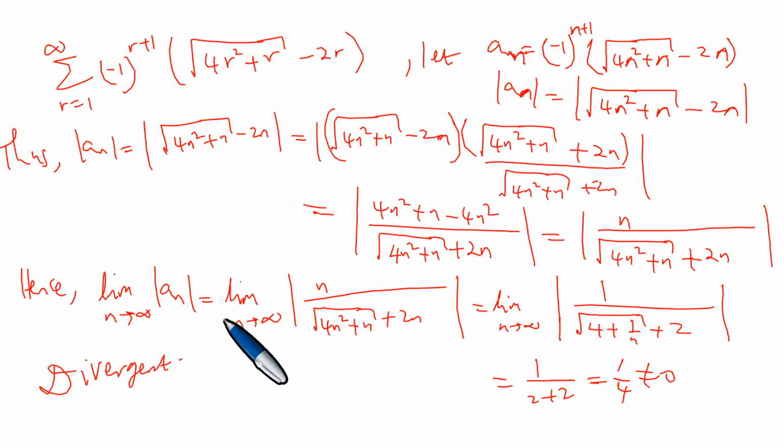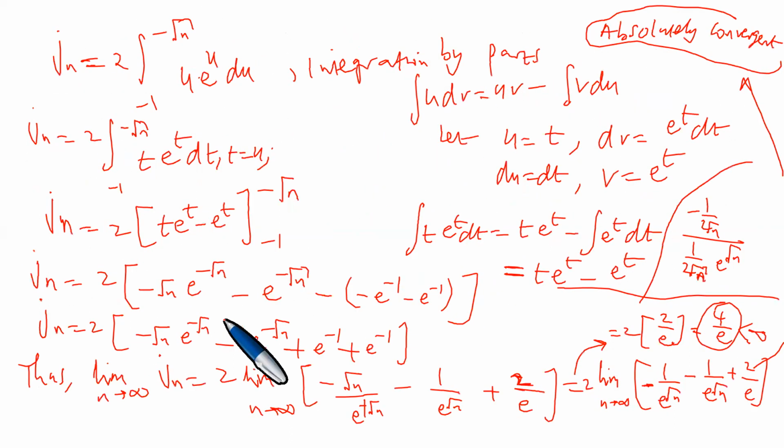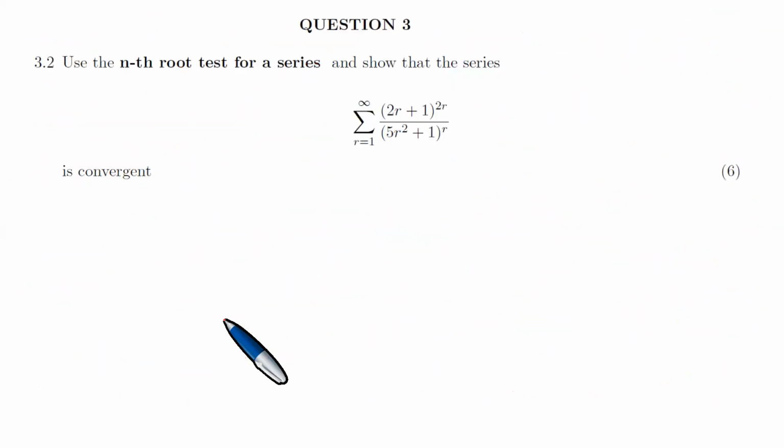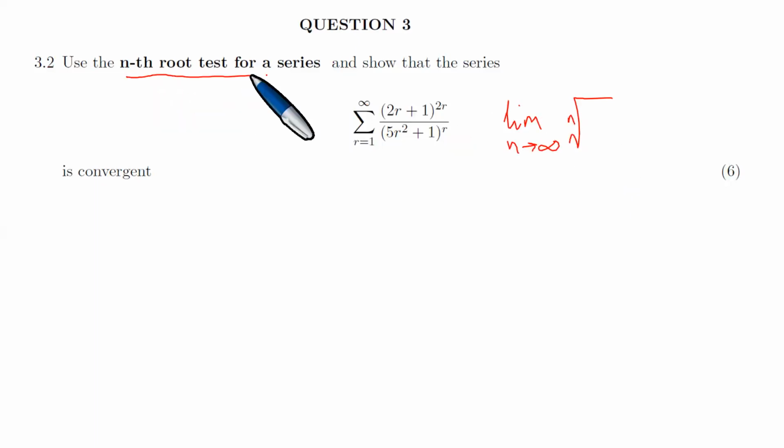A different section has lots of things we looked at, but they're not like this one, which is the nth root. One question of its kind. What does the nth root test say? The nth root test means that you take the limit as n approaches infinity of the nth root of the modulus of an.